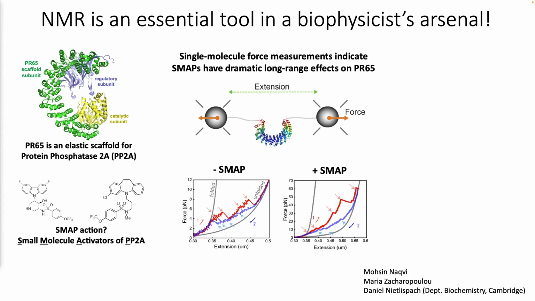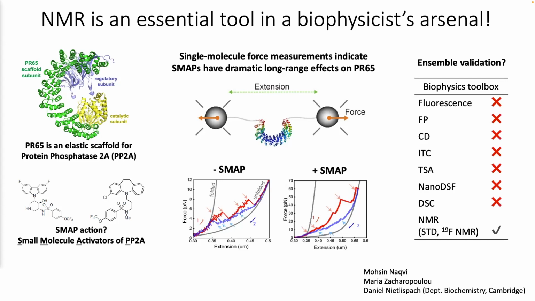And we worked our way through a really exhaustive list of techniques, fluorescence polarization, circular dichroism, without any decent results, mainly because these small molecules are really insoluble. At the concentrations we needed, we think that it has a micromolar affinity. We just couldn't get high enough concentrations of SMAP.